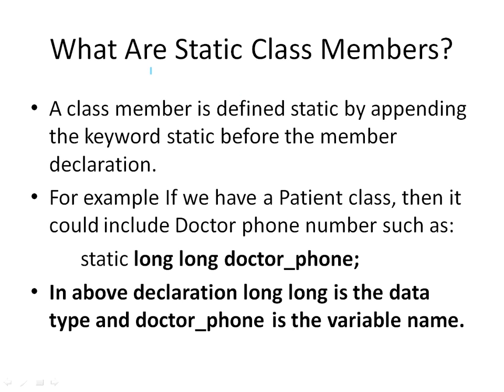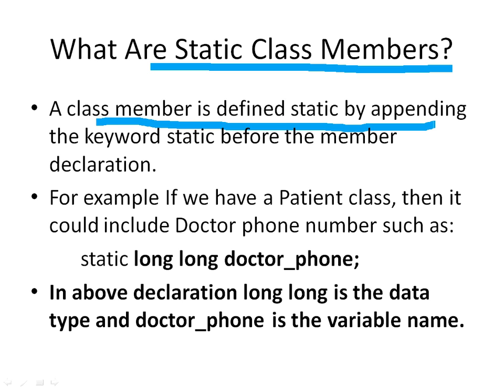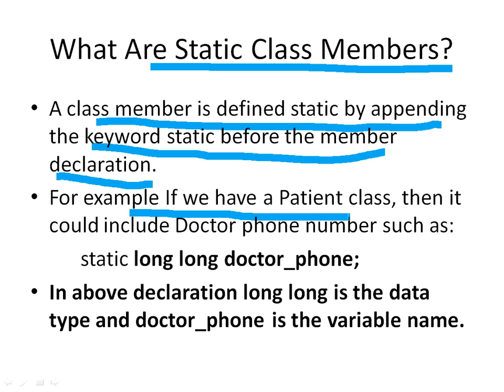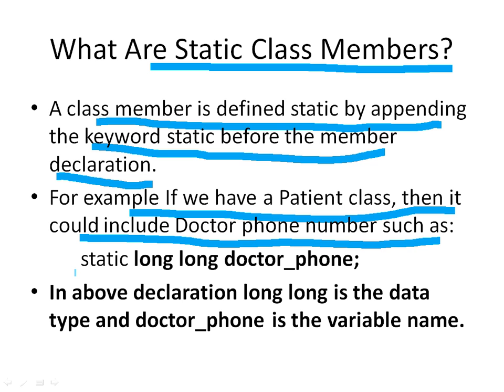In this video, I'd like to talk to you about static class members. A class member is defined static by appending the keyword static before the member declaration. For example, if we have a patient class, then it could include the doctor's phone number for the patient, such as: the type is static, the data type is long, and this is the class variable name called doctor phone.